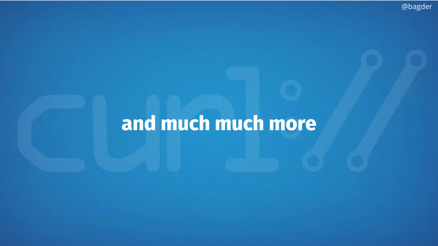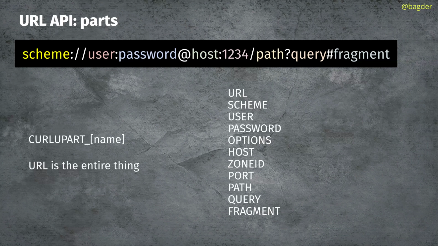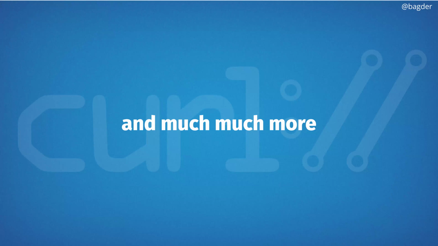For example, you can set the URL and then extract the port number, the path, the query, or the fragment, or the other way around: set the user, password, host, and fragment, and then get the complete URL that was created by those different components. There's really a lot more to say about the API, but this is just getting started, so I just wanted to get the basics in here.